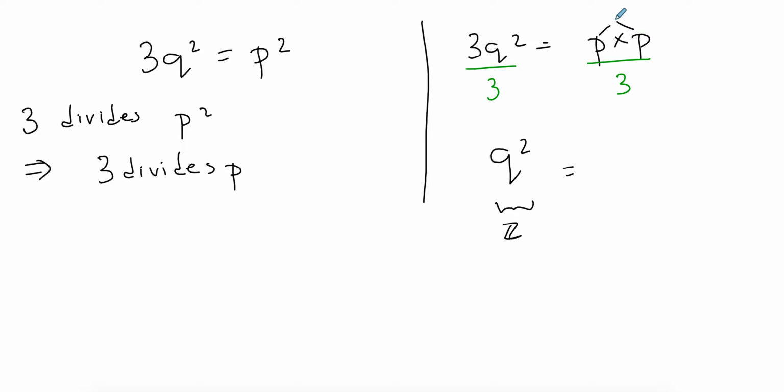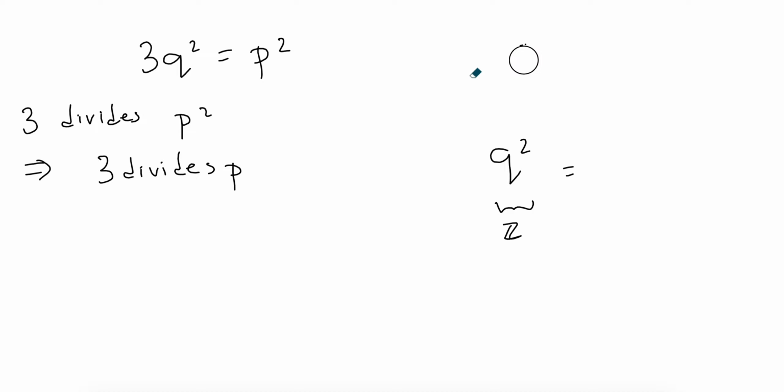Well, we know that 3 is a prime number, so there's no way. I mean, we could say 1 times 3, but if 3 exists as a factor here, then 3 exists as a factor here. You'll soon think, well, that doesn't work with 3. Well, that's the point. We have to get to a contradiction with 3. It would work with other composite numbers.